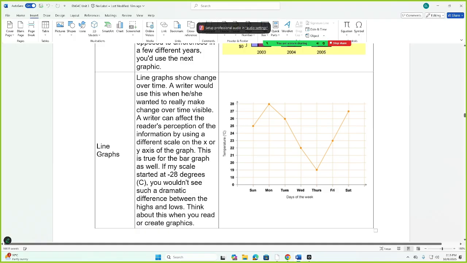This is true for the bar graph as well. If my scale started at minus 28 degrees Celsius, you wouldn't see such a dramatic difference between the highs and lows. Think about this when you read or create graphics.